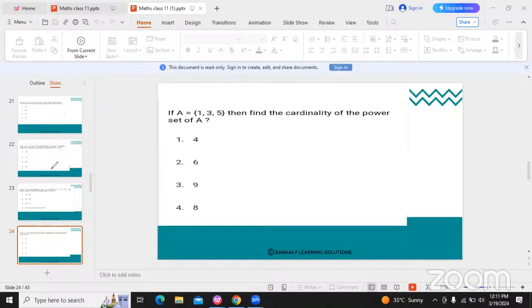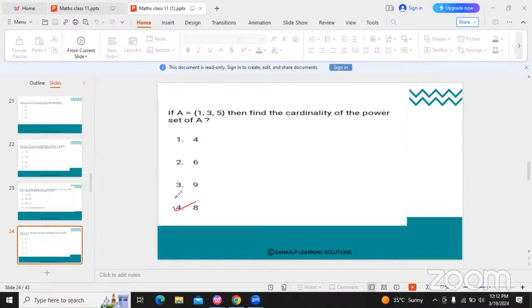If set A is {1, 3, 5}, then find the cardinality of the power set of A. What is the answer for this? I'll check your answers. 8, 8, 8, 8. Absolutely, your answer 8 is correct.